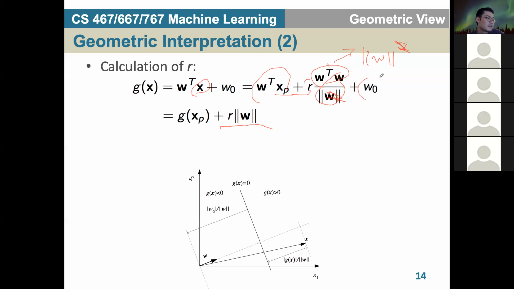What are these two terms? This is w transpose xp plus w0, which is really g(xp). Why? If you look at this, if you put xp here, g(xp) is w transpose xp plus w0. So this is g(xp). Finally, what we get is this: g(x) is equal to g(xp) plus r times the norm of w. Any questions?